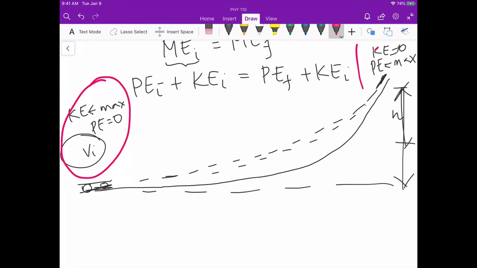Assuming there's no friction, the total energy is completely transferred to potential energy. The maximum kinetic energy completely transferred to maximum potential energy. How about in the middle, around here? He has both, a little bit of kinetic and a little bit of potential.